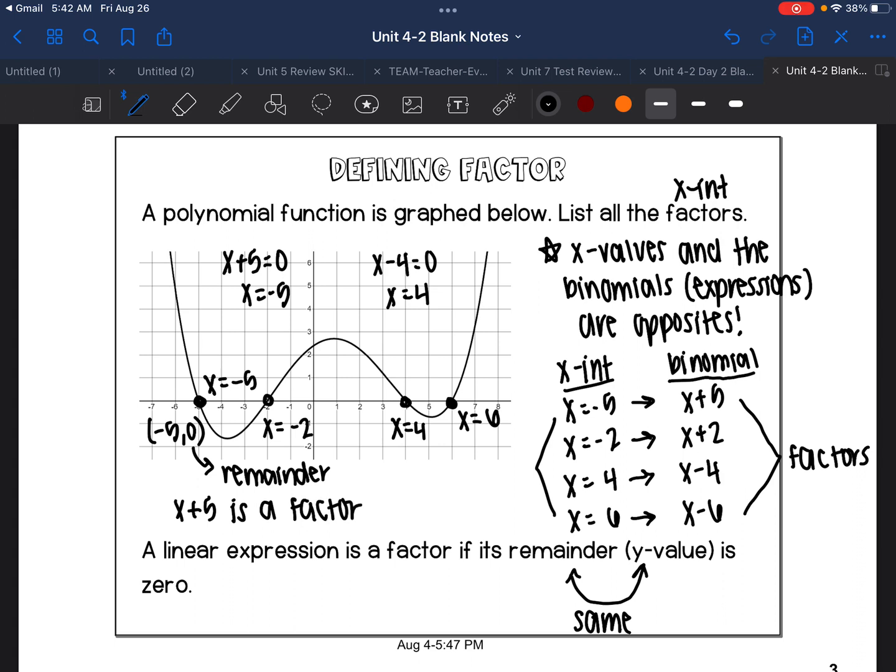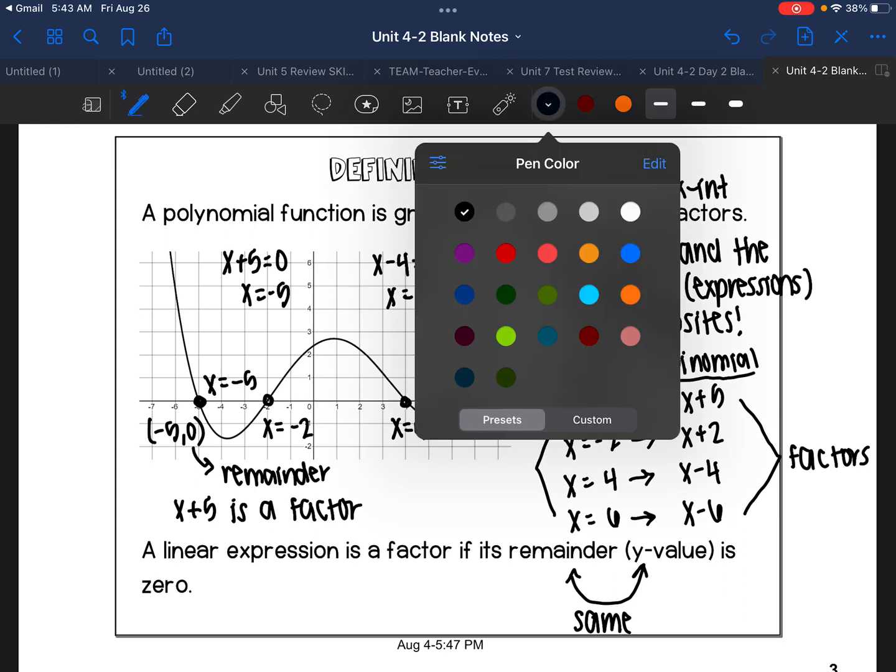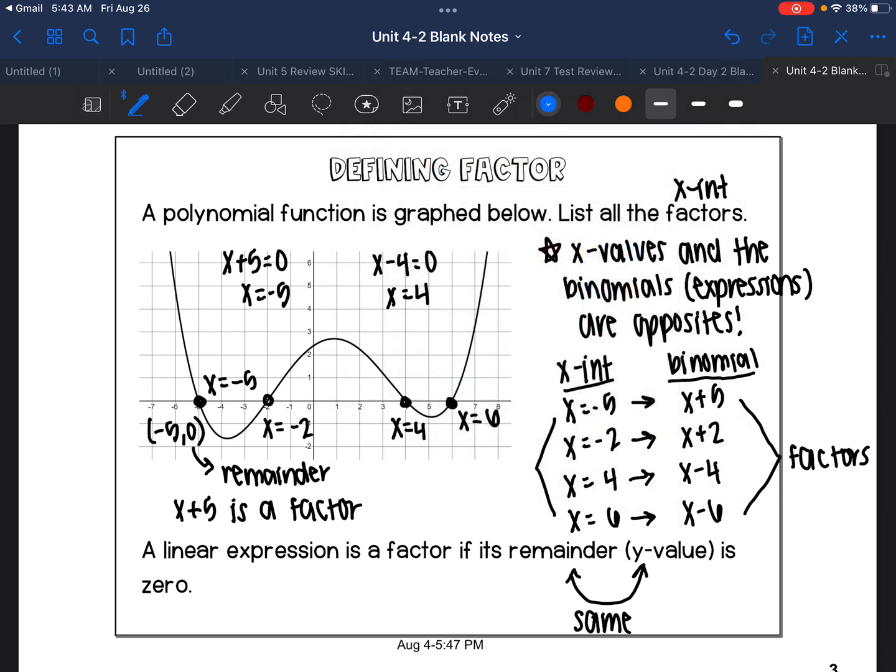Now, just for fun, and I'm going to do this in a different color, let's pick out another point on our graph. So let's do this one. This point is 7, 3, okay? The x value would be x equals 7. The linear expression, or the binomial that would represent that, would be x minus 7.